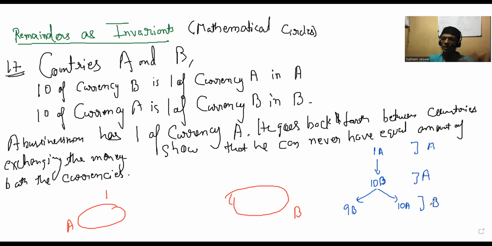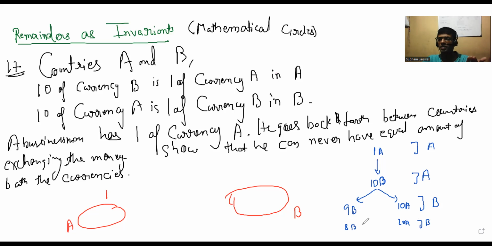So if he again stays in B, for example, then he can make it 8B and 20A. If he again stays in B, right? If he decides to go to A, then what can he do? So then he can increase the B's, right?